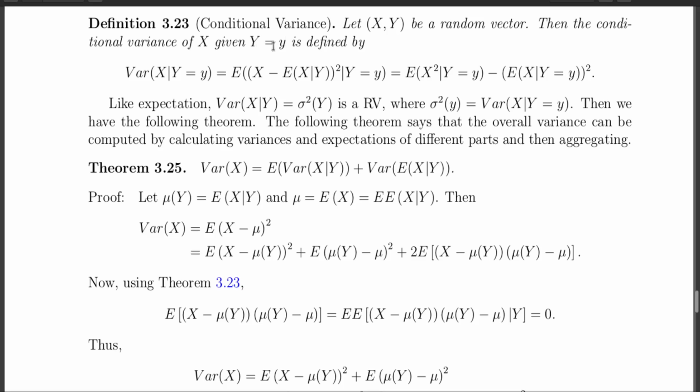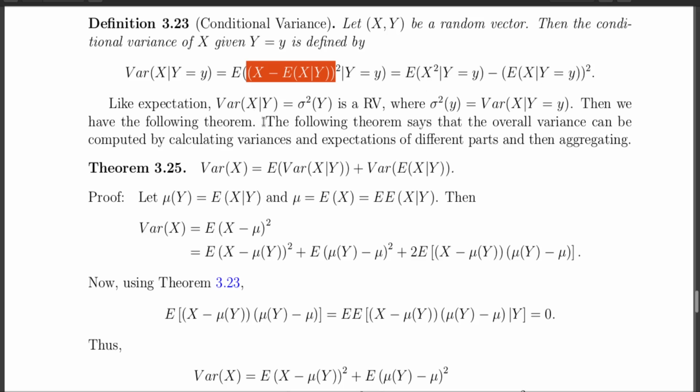The conditional variance of X given Y equals y, you can write as expectation of (X minus expectation of X given Y equals y) whole square given Y equals y. Which can again be written as expectation of X square given Y equals y minus (expectation of X given Y equals y) whole square.